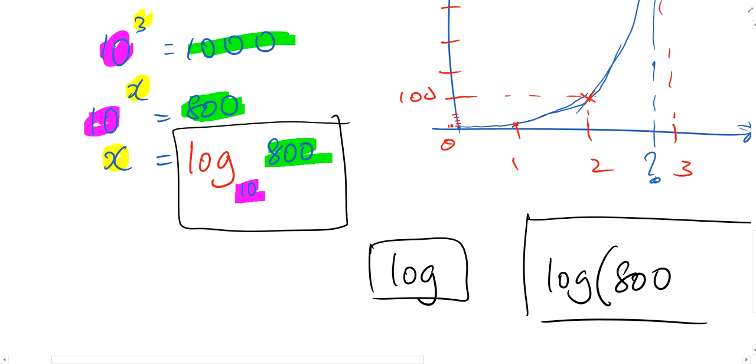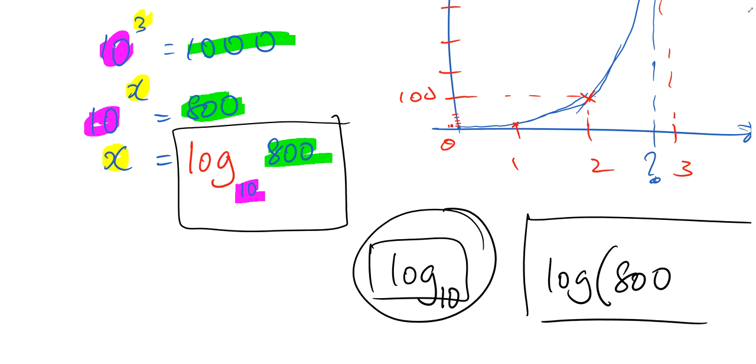It cannot do all the bases. By default, it only does base 10. So when you press this button, the calculator will assume that you are doing base 10. So for this particular example, although I need two pieces of information, the 10 is already automatically assumed by your calculator. So when you key in log 800, you press equal.